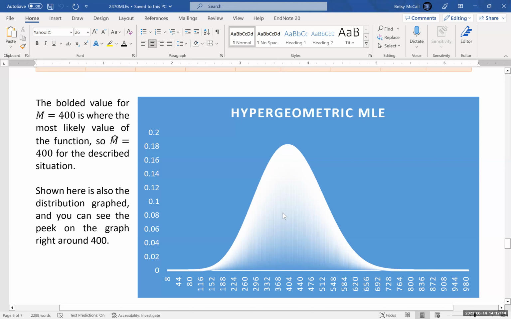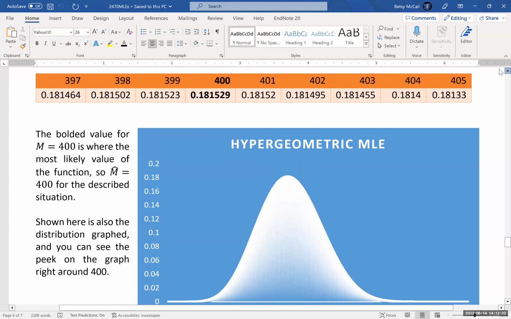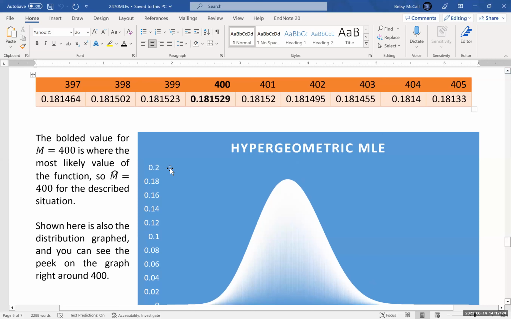And we can see we get a peak, looks like around 404 and change. And in fact, if you look at the table of the calculations, you can find the exact location, not from the graph, which just helps you narrow it down, but you can see the exact value where you get the maximum value for this function.